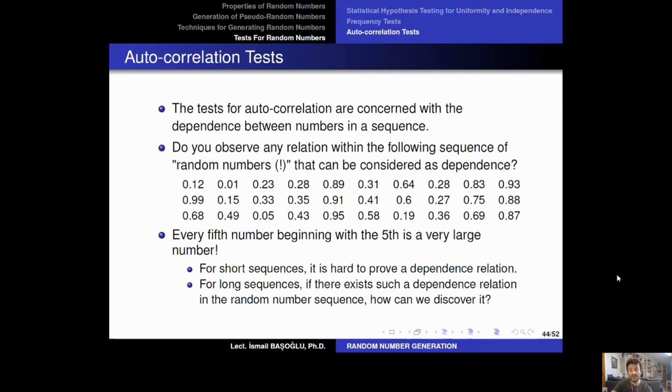Now, how can we discover these dependence behaviors within a random number sequence? Remember, what we want to show is that the random number sequence has an independent behavior. If you cannot discover any dependence, then you can safely use that random number sequence as a raw material in your discrete event simulation model.